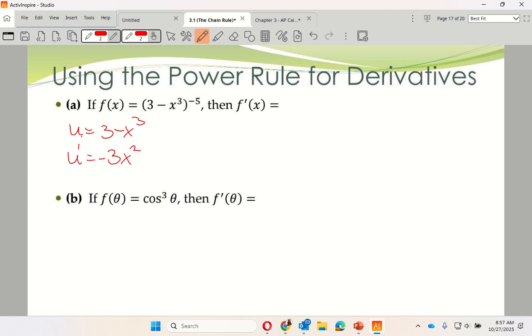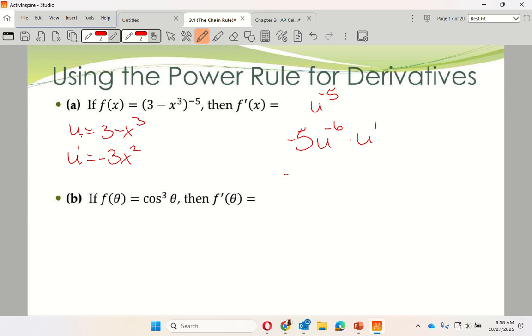Okay, so now if I rewrite this, this is going to be u to the negative 5, right? So from there, let's take the derivative of my u. Negative 5 times u to the negative 6 times u prime.